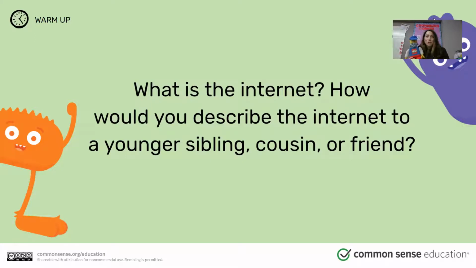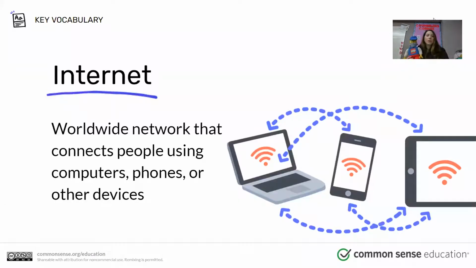But we do use the internet every day, and we go on the internet through our devices, whether it's a laptop, a desktop, an iPhone, an iPad, some other kind of tablet. So the internet is a worldwide network that connects people using computers, phones, or other devices.